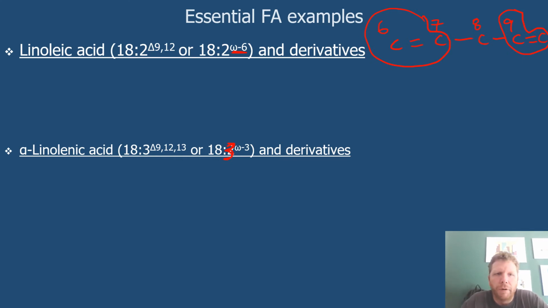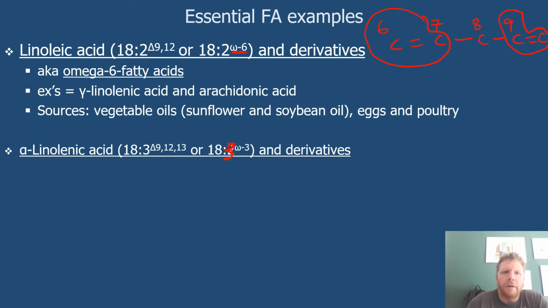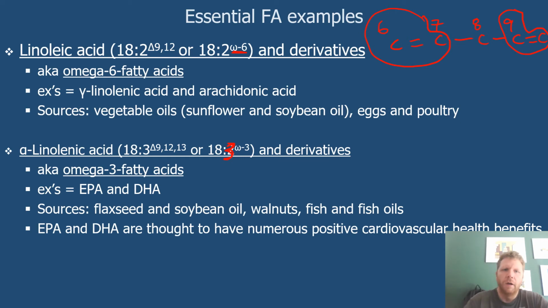But there we go. So linoleic acid is also known as an omega-6 fatty acid. There's tons of it in vegetable oils, eggs, and in chicken. Alpha-linolenic acids are also known as your omega-3 fatty acids. EPA and DHA are good examples.